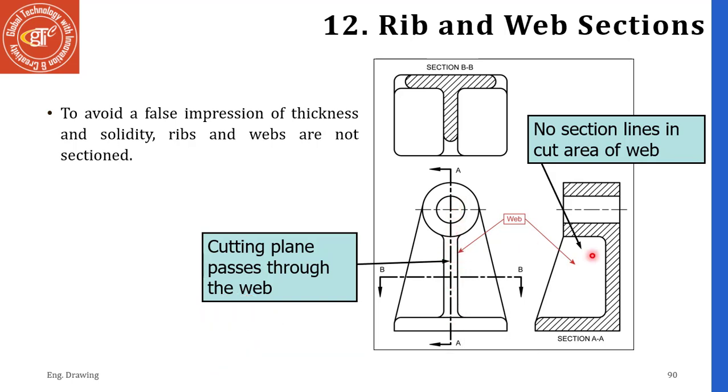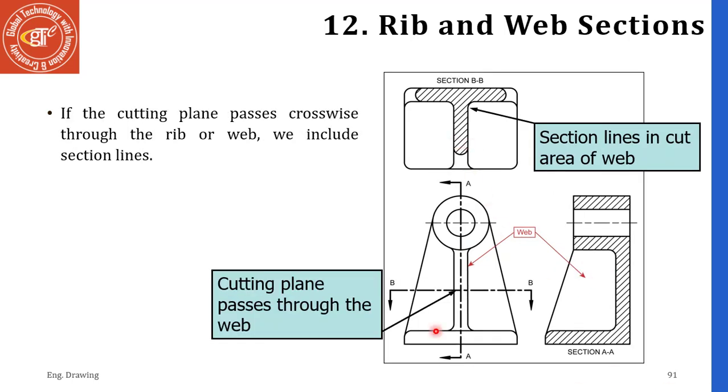To avoid the false impression, we didn't add a section line at this point. If the cutting plane passes crosswise through the rib or web, we include section lines. As section line B-B is passing crosswise through the web, we add the section line in the cut area of the web.